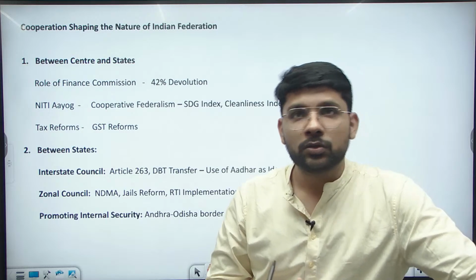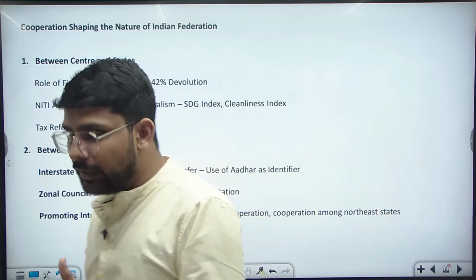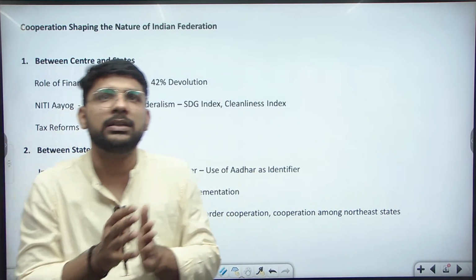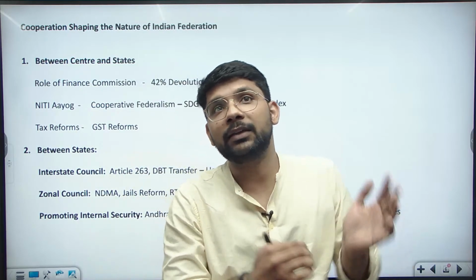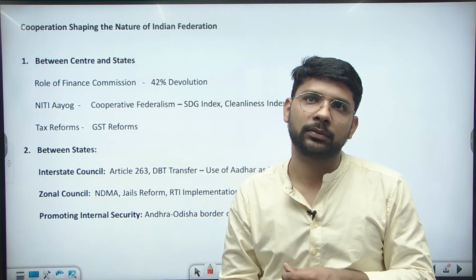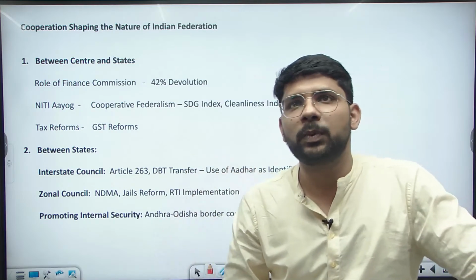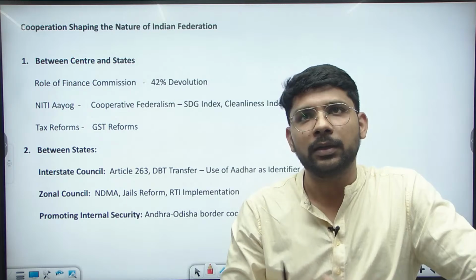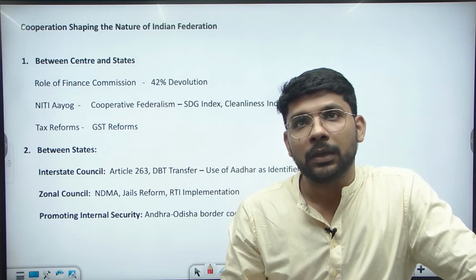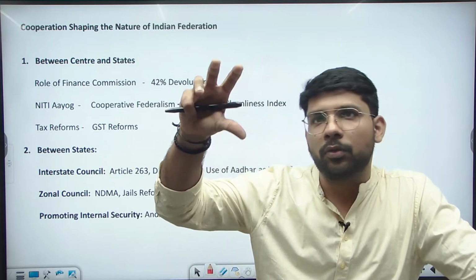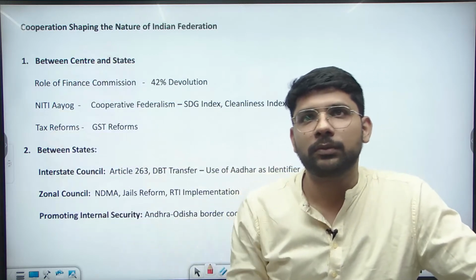country. So on the first point, we can say the recent Finance Commission report, and the devolution of taxes by the Finance Commission to the states. It's almost a 42% devolution of taxes by the center to the states. So the Finance Commission's role in federalism is huge.